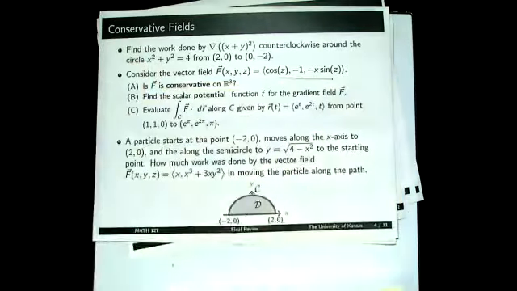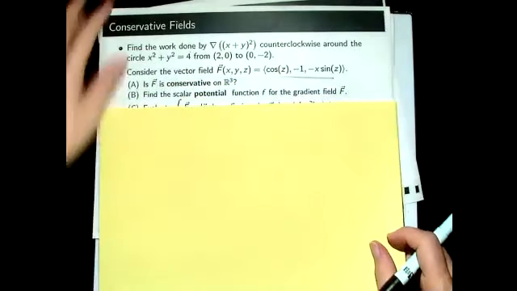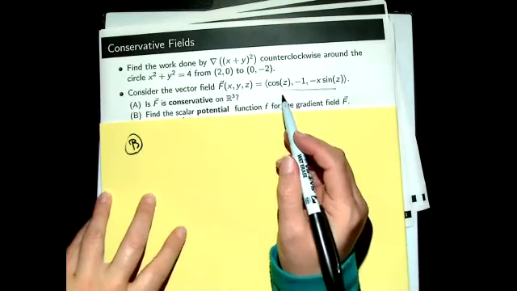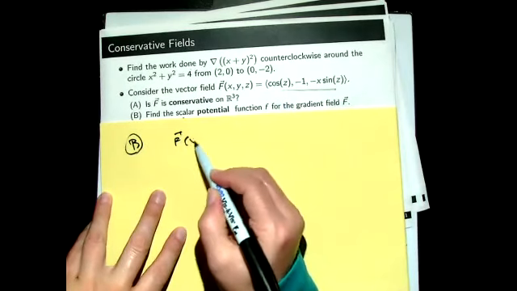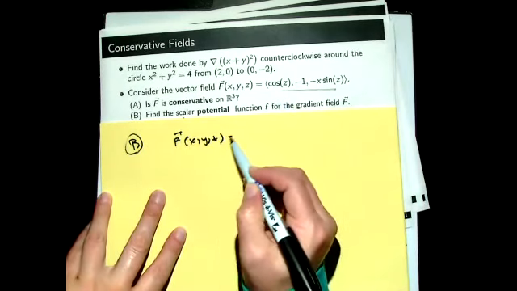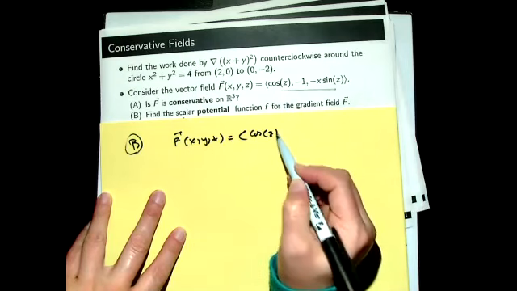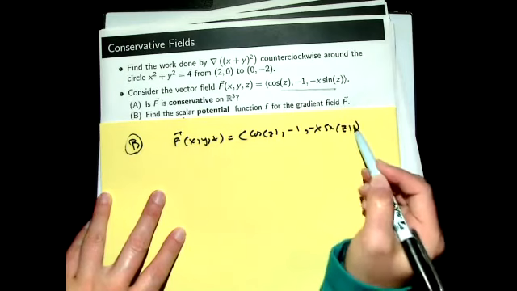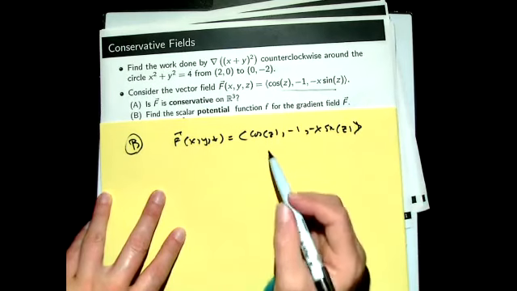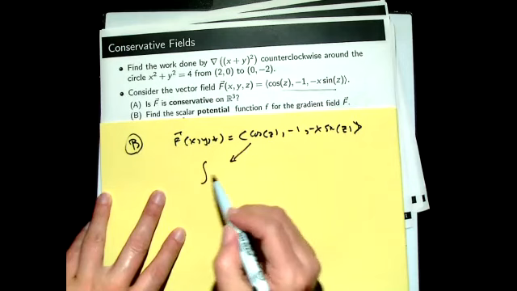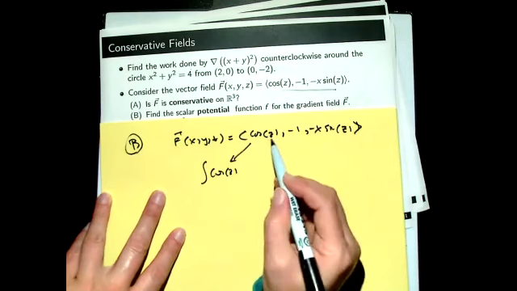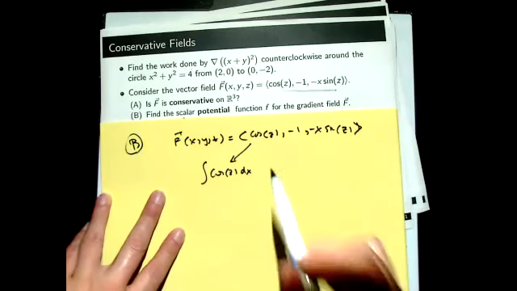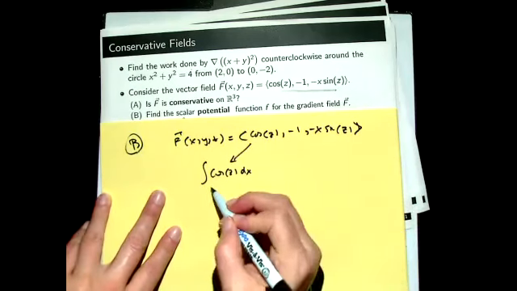Now, what do I mean by find the scalar potential? What do I mean by taking antiderivative? So what do I have? I have this whole thing. And then what I'm doing is taking the integral of the first one with respect to x, because that's the x component of f with respect to x.